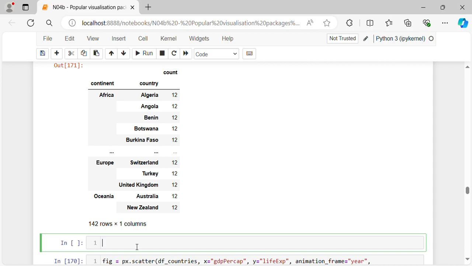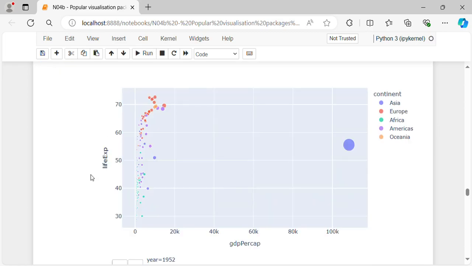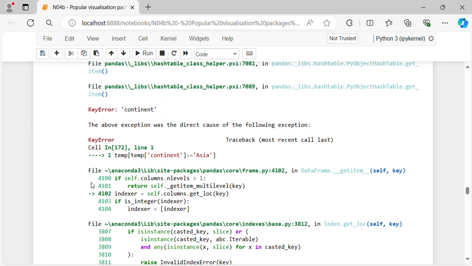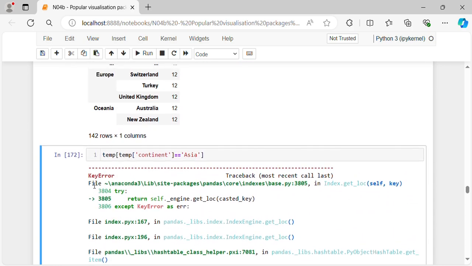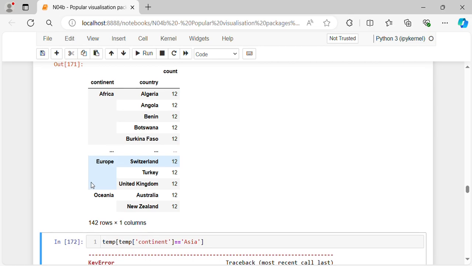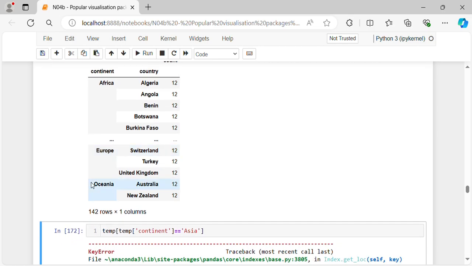And then from the temp data frame, let's subset where temp continent equal Asia. Continent. Okay.